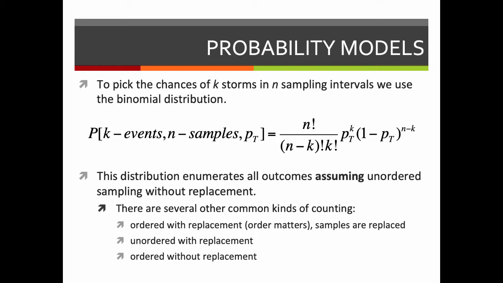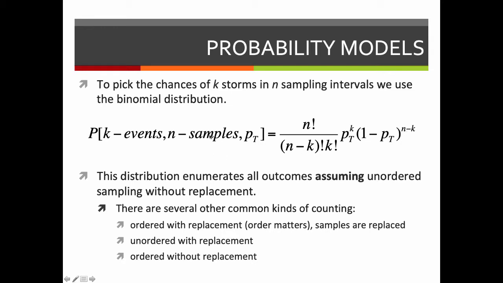And here we have the probability of k events occurring in n samples, and if the probability of an event in any single sample is p sub t, then the net probability is n factorial divided by n minus k factorial times k factorial times the probability of the event in a single interval raised to the kth power multiplied by the complement of that probability, 1 minus p sub t raised to the n minus k power.